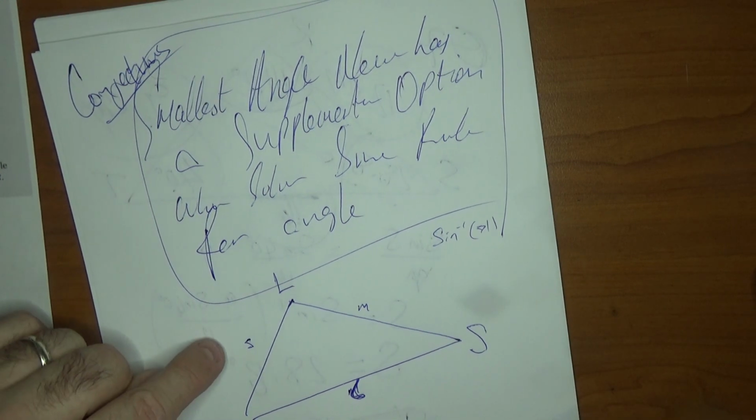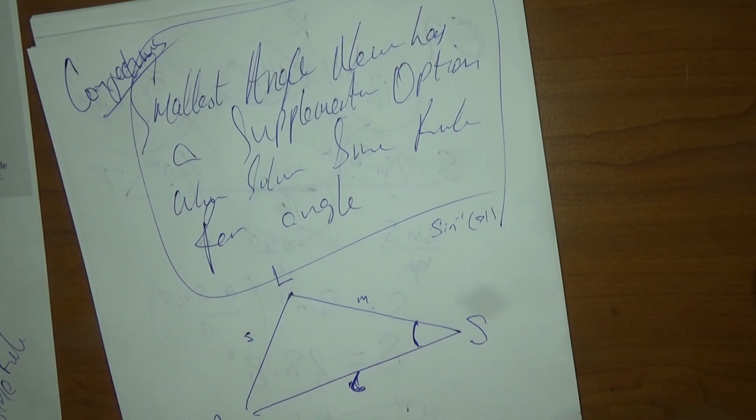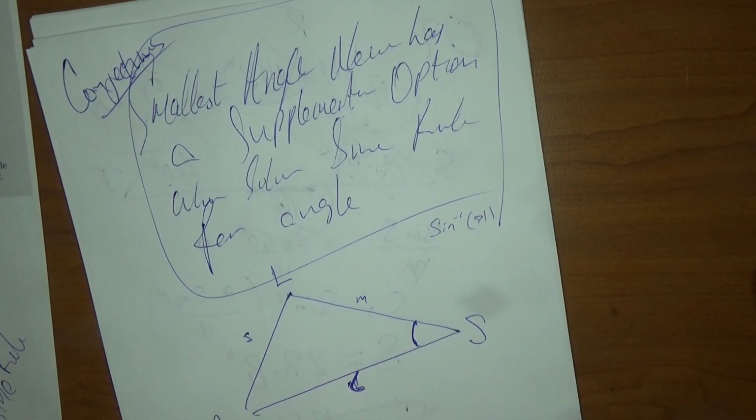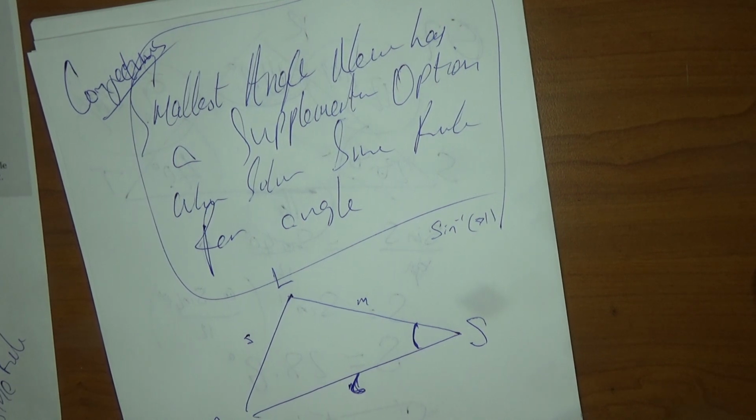So what I am saying is angle S can never have a supplementary option. So let's see. The sine of the small angle over the small side is equal to the sine of the medium angle over the medium side, which is equal to the sine of the largest angle over the largest side.